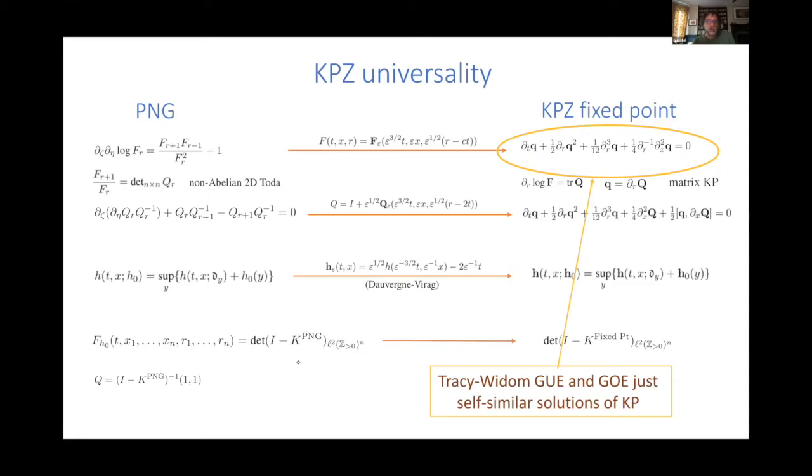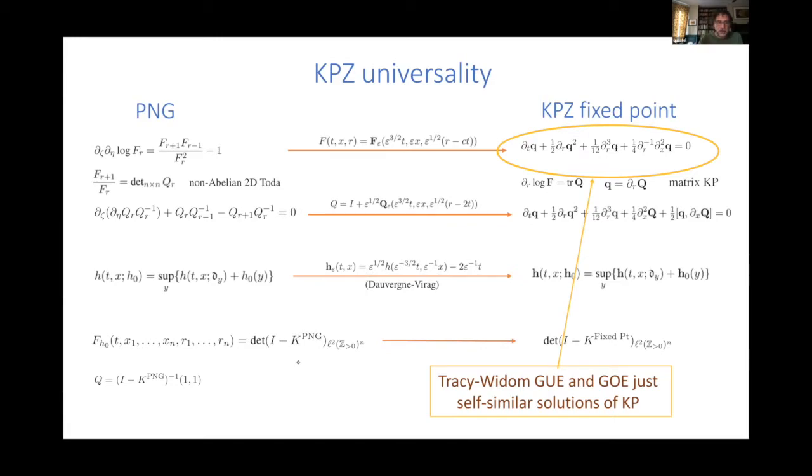In fact, you can just write down what the self-similarity should be from basic principles for starting from a narrow wedge or starting from flat. And then the KP just reduces to ODEs, which are clearly equivalent to the Painlevé II representations of the Tracy-Widom distributions. So that's all they are. They're just special solutions of KP.